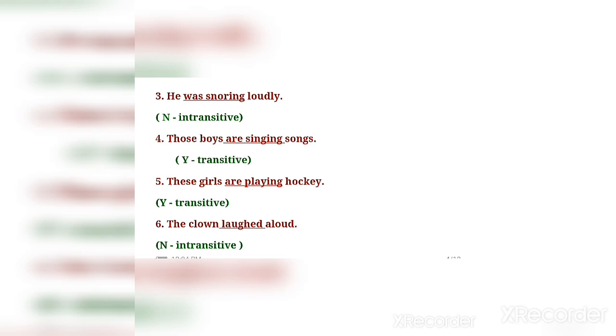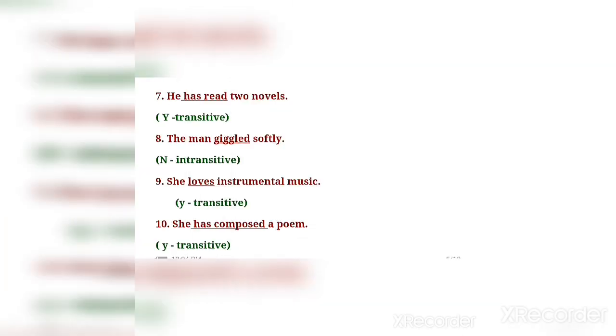Then number 5 says: these girls are playing hockey. Are playing is a transitive verb, so you will underline it, and then write transitive. Number 6: the clown laughed aloud, so it is intransitive, and you will underline the verb laughed. Number 7 says: he has read 2 novels. So has read is a transitive verb, so you will underline has read.